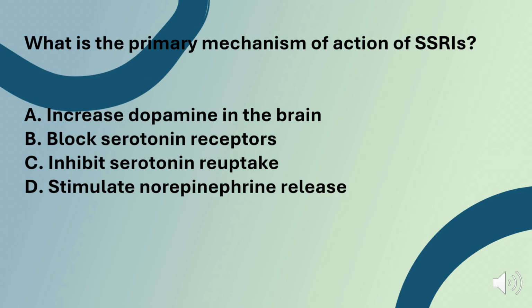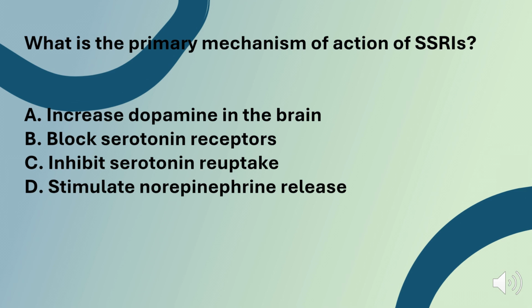And so if you rule out the wrong ones, increasing dopamine would be more along the lines of bupropion. Blocking serotonin receptors would reduce its action, not enhance it. So that rules out that one. And norepinephrine activity is more in the realm of an SNRI, or serotonin norepinephrine reuptake inhibitor, like venlafaxine.